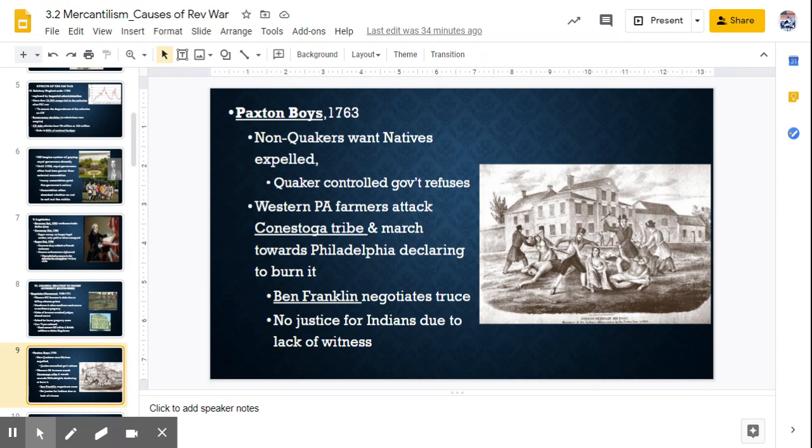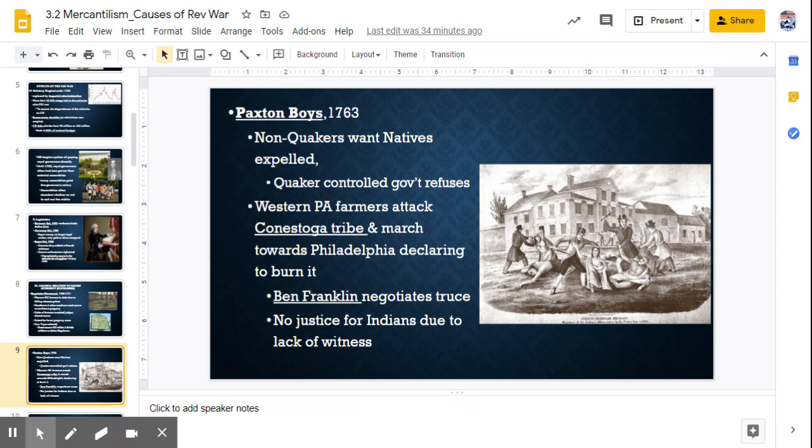But the agreement was that these people would leave and not actually cause damage to Philadelphia. They would return back to their farms, but they would do so without having to face justice for their actions against the Conestoga tribe. And there were supposedly no witnesses who could even give evidence if this had ever tried to come to trial.